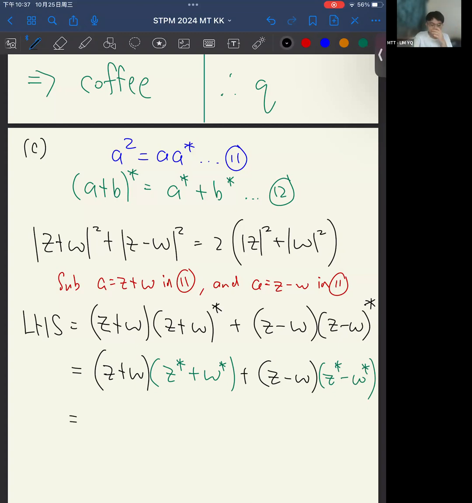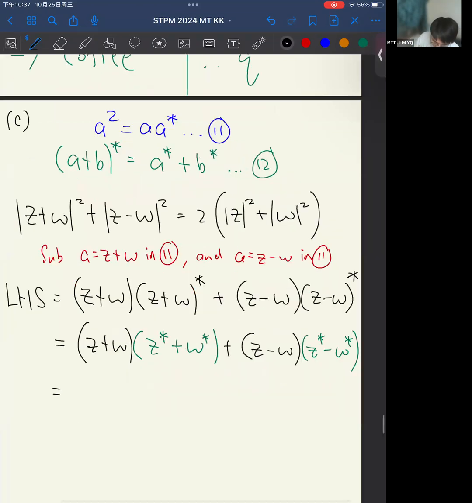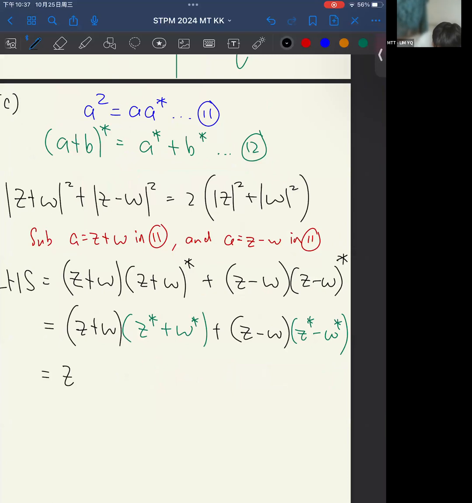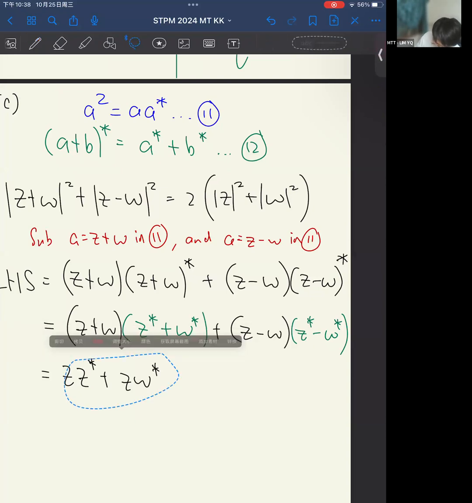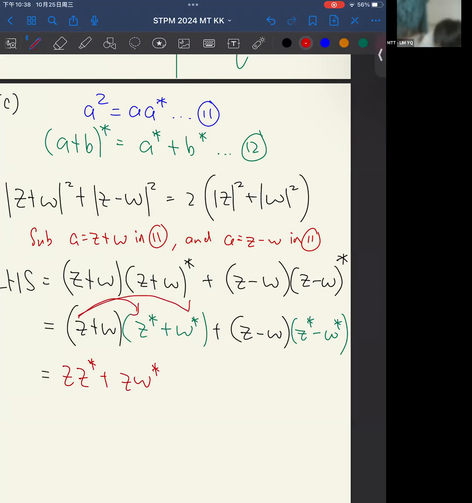And then you do the multiplication of complex numbers. Z Z conjugate plus ZW conjugate, you should know how to do this, so I fast forward. Plus W Z conjugate plus WW conjugate.